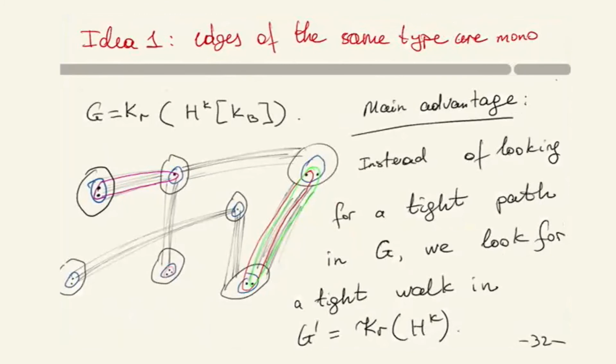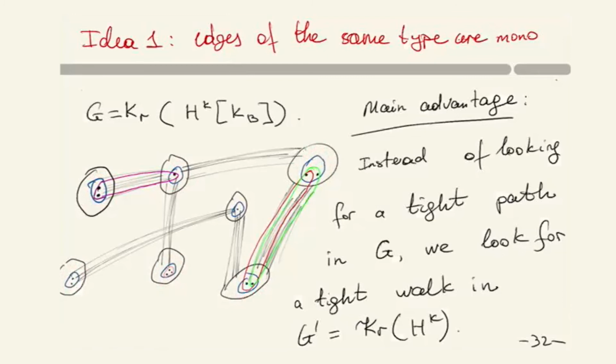But what it tells us is that the main advantage is that instead of looking for a tight path, for example, now I can look for a tight walk. Why? Because every vertex inside a subblob behaves the same as every other; they are interchangeable.